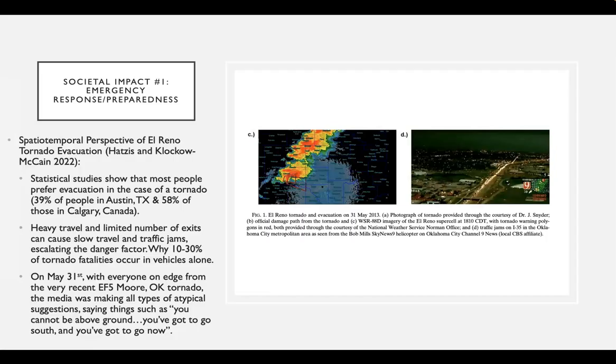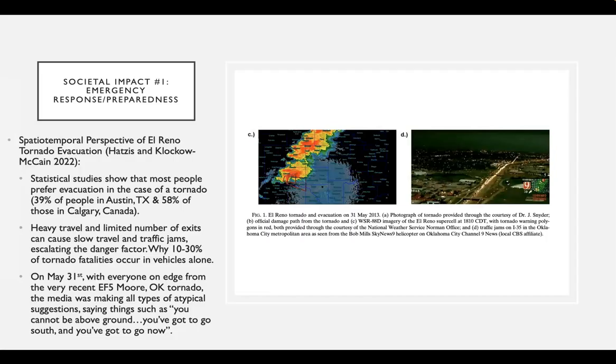This is the first study that we're going to look at, the spatiotemporal perspective of the El Reno tornado evacuation. Statistical studies actually show that most people would prefer evacuation in a tornado. That's very scary because that's not what you're supposed to do in the event of a tornado.